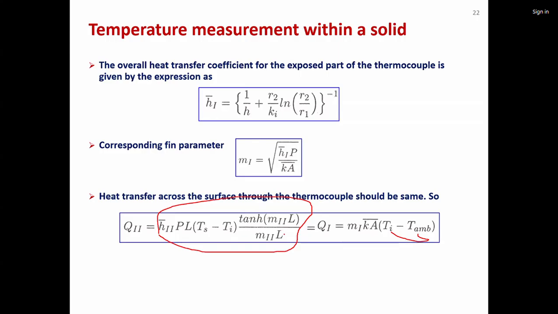So you non-dimensionalize this equation, and if my L by D ratio is greater than 10, I call this a long fin. Typically that is the case, and you can approximate this formula when this condition is satisfied. Thank you, sir. I got it.